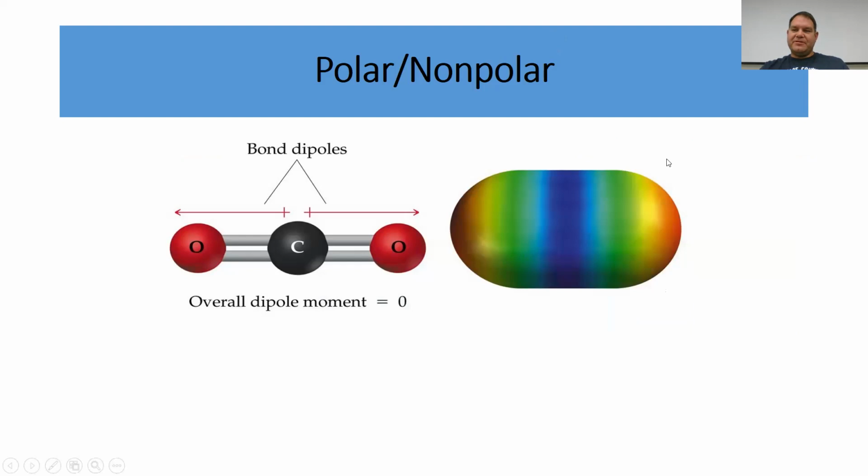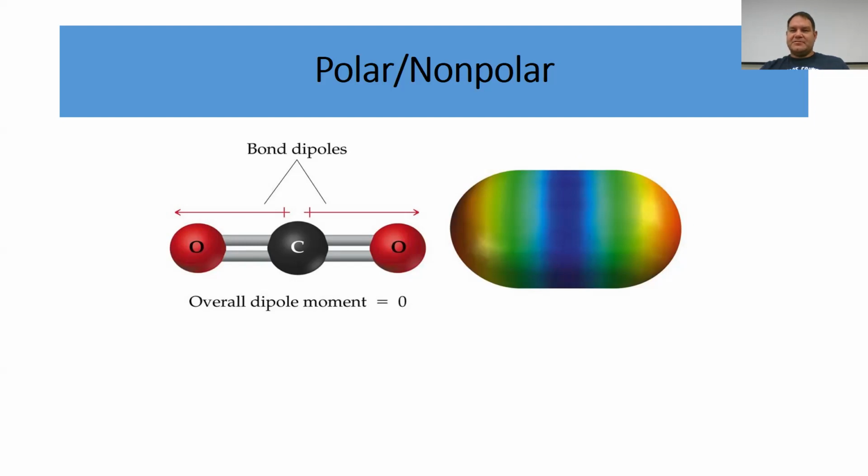Okay, so we can have a molecule that might have polar bonds, but because of the VSEPR shape of the molecule, those polar bonds are canceled out or offset or eliminated. And therefore, the actual molecule is nonpolar and there is no dipole that exists.